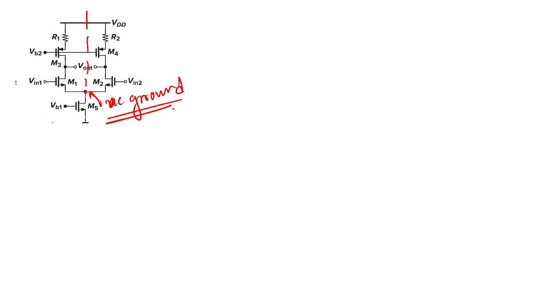To operate this circuit, we need to give some VDS to this transistor M5, otherwise it will not operate. So some DC value is present, but that DC value is constant. So you can make the circuit symmetric in this way.